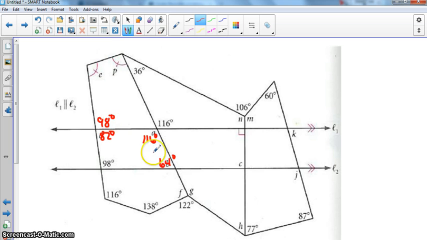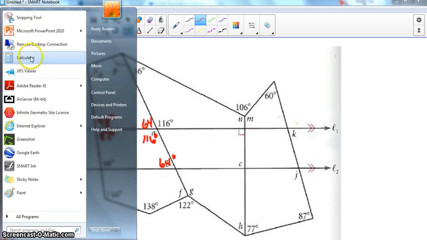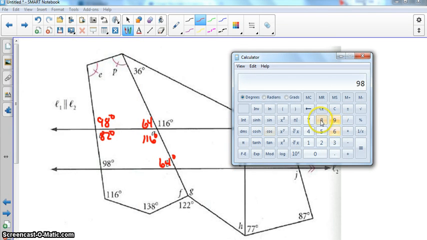If we think about, this is 64 degrees, this angle up here is 64 degrees, and I'm going to look at this quadrilateral right here. We know that all 4 angles in a quadrilateral add up to 360 degrees, right? So if I take 98 plus 64, we get 162.